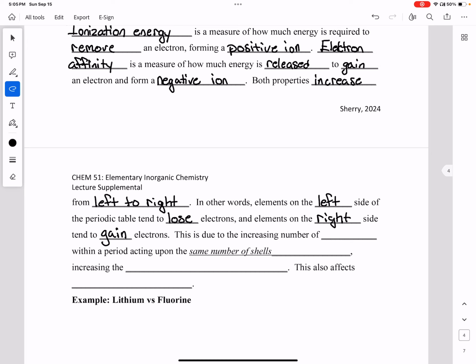And so this is due to the increasing number of protons. If you look at one period, one row at a time, you have an increasing number of protons from left to right. So it's an increasing number of protons for the same number of shells. And what this does is it increases the effective nuclear charge.